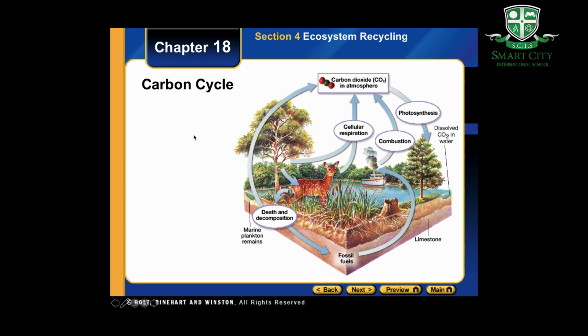And that's why we should take care, because we have a very important role in the carbon cycle, which is that we have to decrease the amount of carbon dioxide in the air by increasing the number of plants and decreasing our activities like burning things, like combustion, because whenever you increase the carbon dioxide in the atmosphere, you are increasing the temperature and you are increasing global warming.